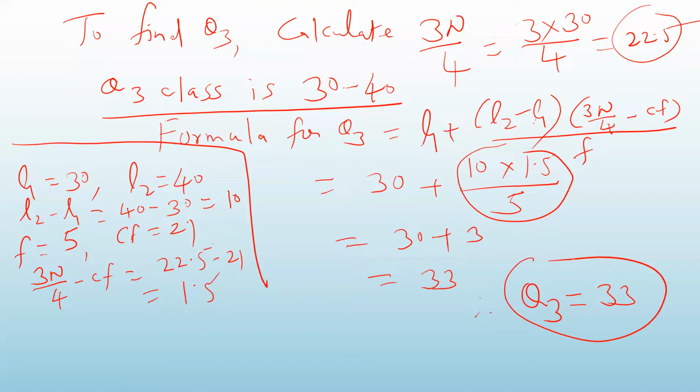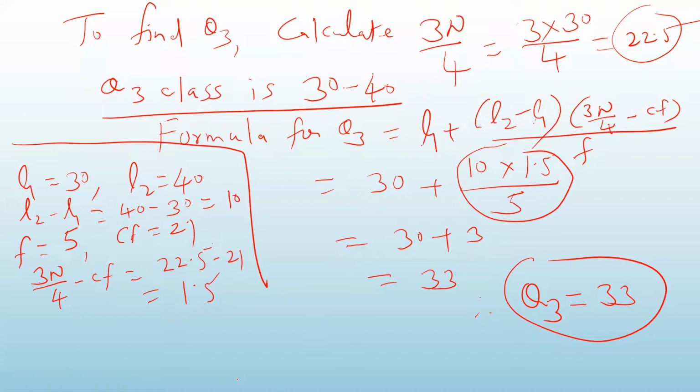So we have calculated Q1 and Q3. See, you can check here. ये जो Q3 क्लास क्या था हमारा, 30 to 40 था ना, तो Q3 का वैल्यू 30 और 40 के बीच में आना चाहिए. अगर आपका वैल्यू ये रेंज के बाहर जा रहा है, इसका मतलब आपने कुछ कैलकुलेशन मिस्टेक किया. And the most common mistake students do is, इसको पहले कैलकुलेट करके 30 में ऐड करना है. स्टूडेंट्स ये पूरा डिवीजन यहाँ तक कर देते हैं.